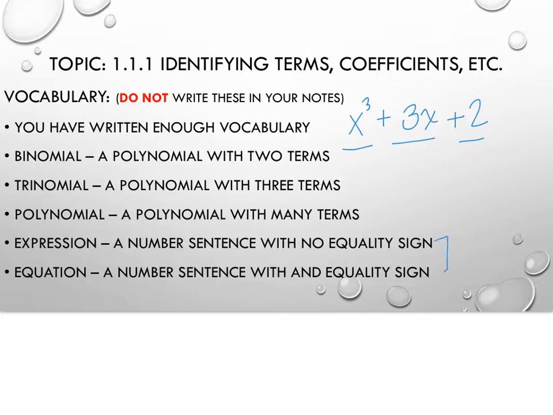The last 2 vocabulary words, expression, is a number sentence with no equality sign, like 7x minus 1. That's an expression. There's no equal sign. But if it was 7x minus 1 equals 12, that's an equation because it's a number sentence with an equal sign.